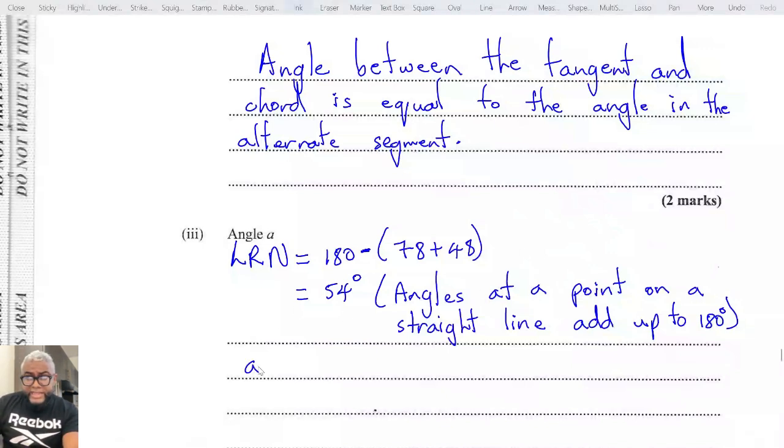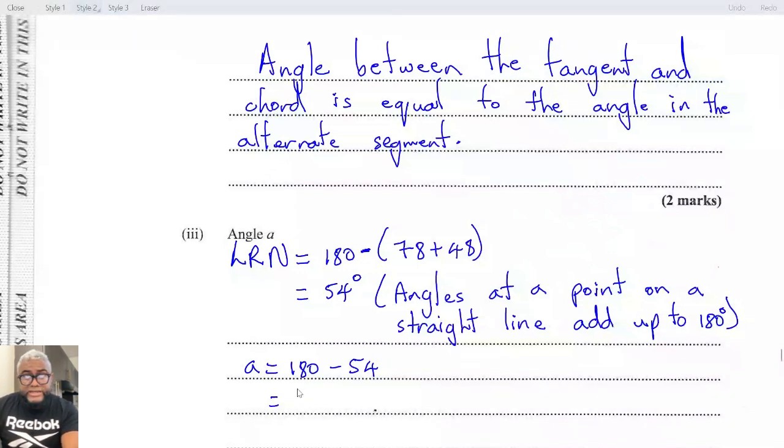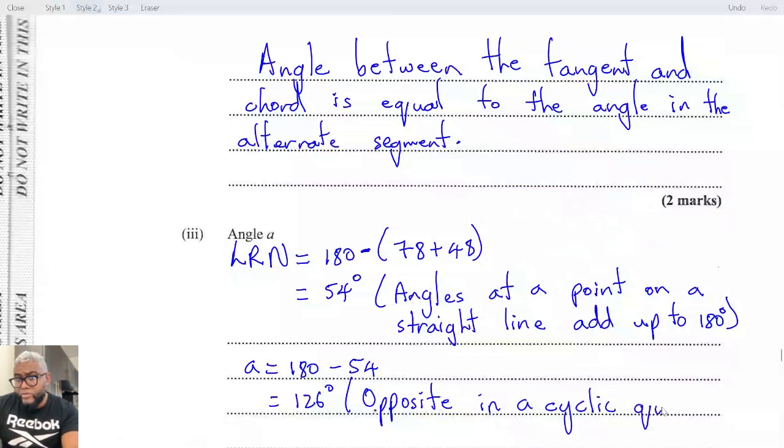Angles at a point. Then we need to find A. A is equal to 180 minus 54, which will be what? 180 minus 54 is what? 126. Yes, sir. Right? This will be opposite angles in a cyclic quadrilateral.